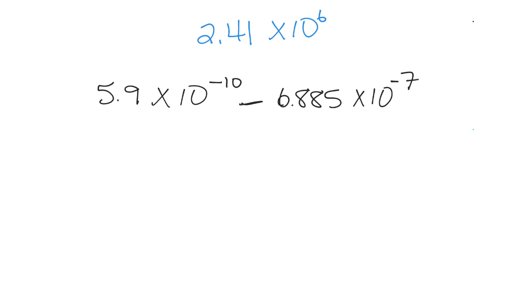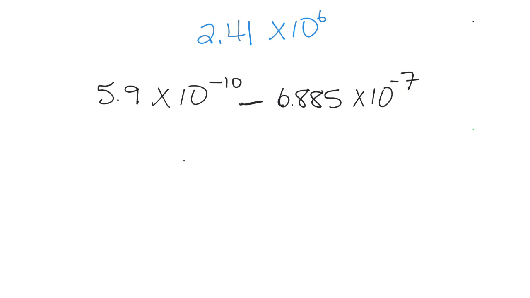Now, it could be any numbers. It doesn't even matter what they are when you're adding and subtracting. As I said, the easiest thing to do is stick it in your calculator. Use the EE button. It helps every time. So we're going to do 5.9 EE negative 10 minus 6.885 EE negative 7.